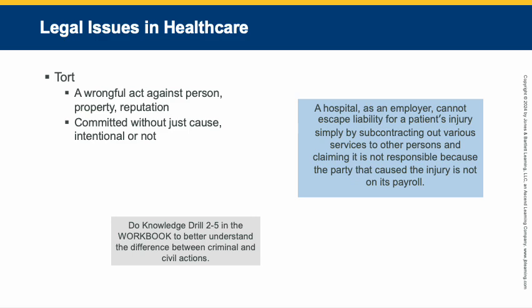On Table 2.2, page 63 in your book, I want you to look at criminal and civil actions. Okay, there's definitions and punishments. Criminal are such things like felonies and misdemeanors, and the punishment: a felony is a crime punishable by death or imprisonment.